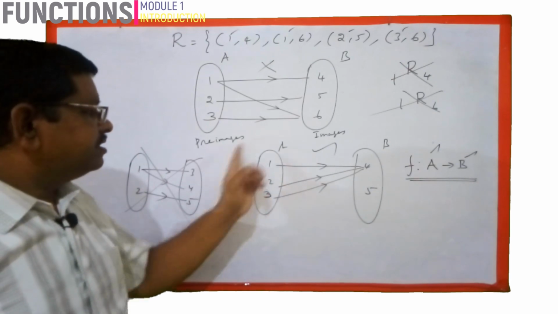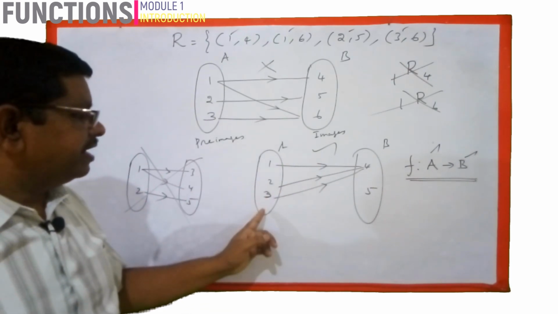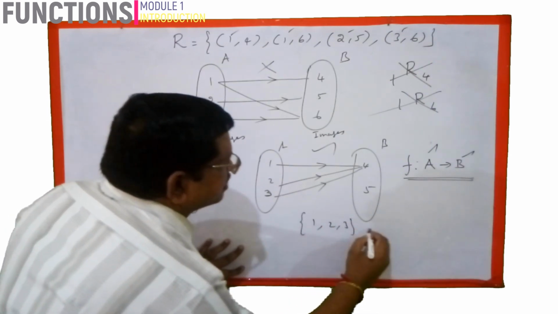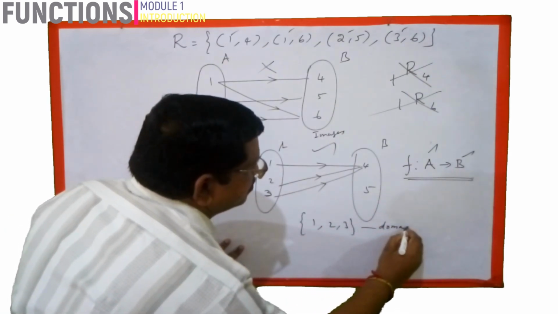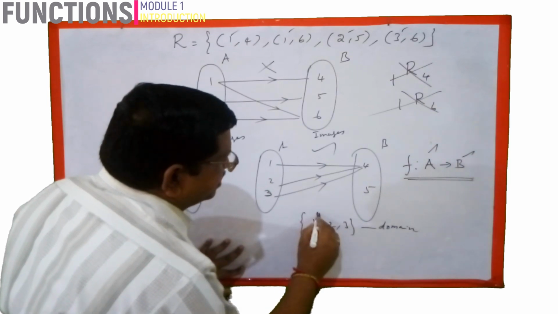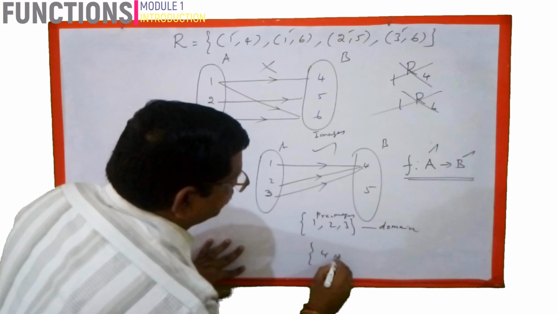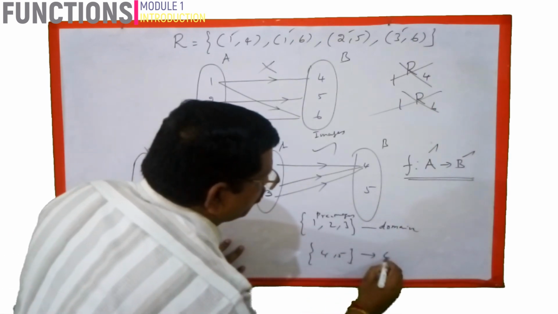Now remember, in this case set A has elements 1, 2, 3. So this set 1, 2, 3 is called the domain. In the domain we have all the pre-images. And the set 4, 5 is the codomain.